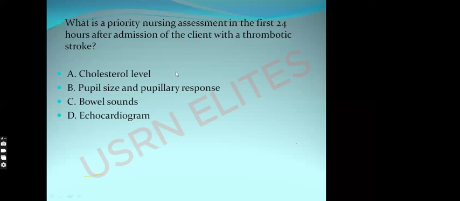But what nursing assessments can you make which are more profound? With C and D, you take them out. Maybe because of the thrombotic stroke you can think of cholesterol too, but this is better and easier. Laboratory investigations.